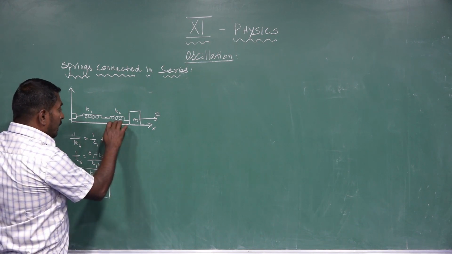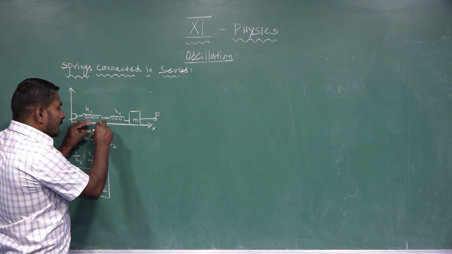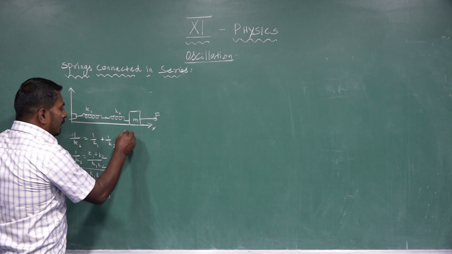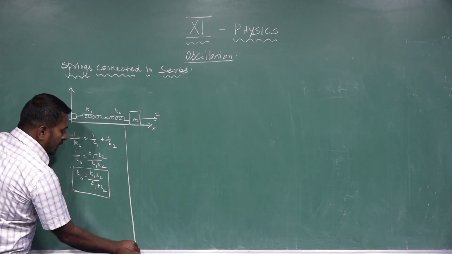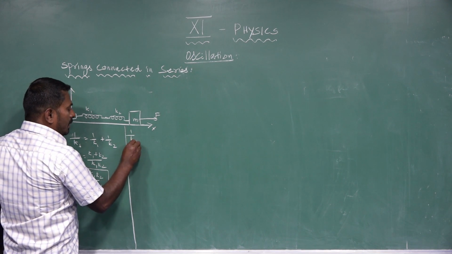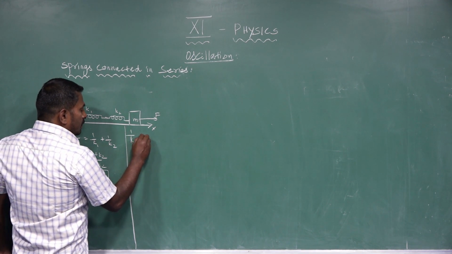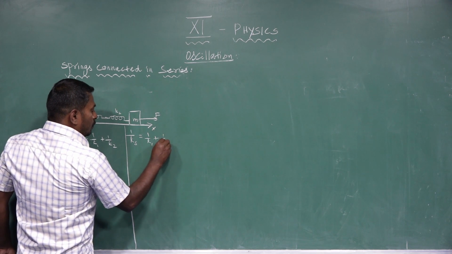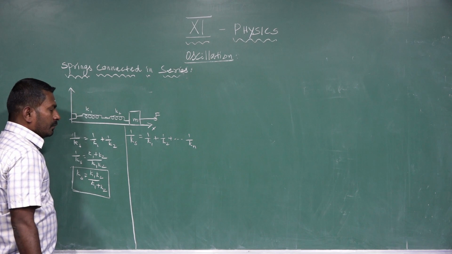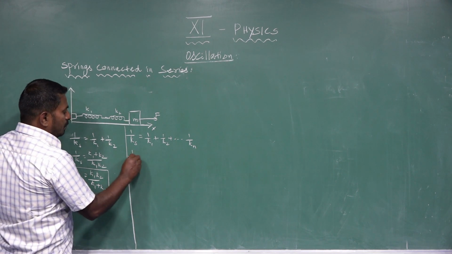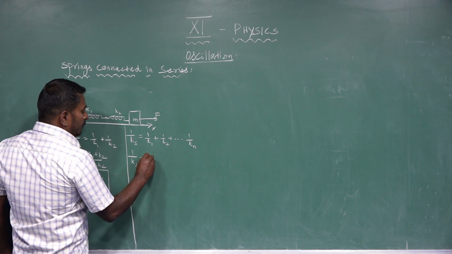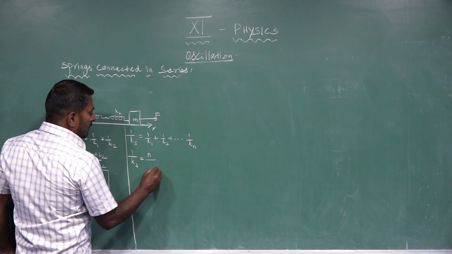Now, if n springs with different spring constants are connected in series, how do we calculate the effective spring constant? 1 by Ks is equal to 1 by K1 plus 1 by K2 up to 1 divided by Kn.